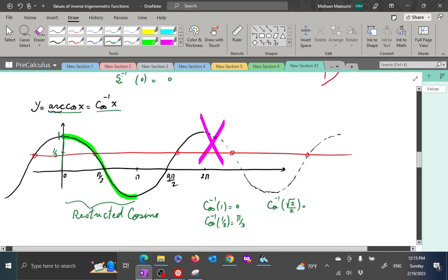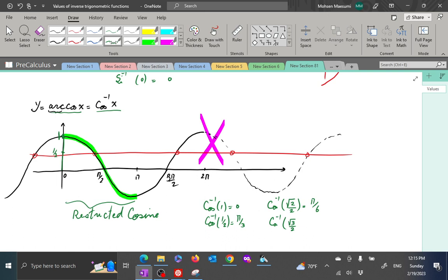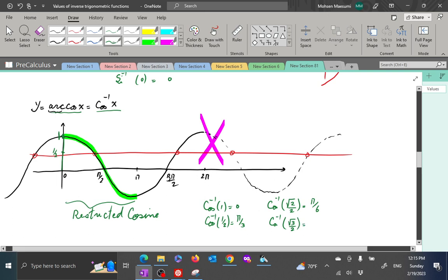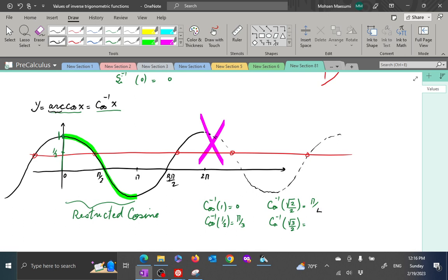What angle was it whose cosine was radical 2/2? Well, that would be pi/4. What is the cosine inverse of radical 3/2? Excuse me, I made a mistake here. Cosine inverse of radical 3/2 is going to be pi/6.